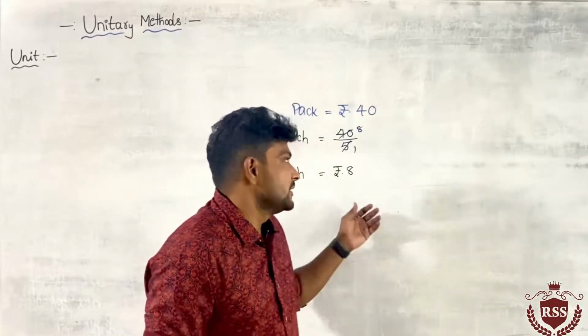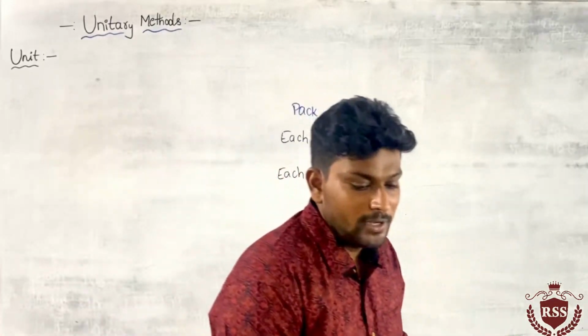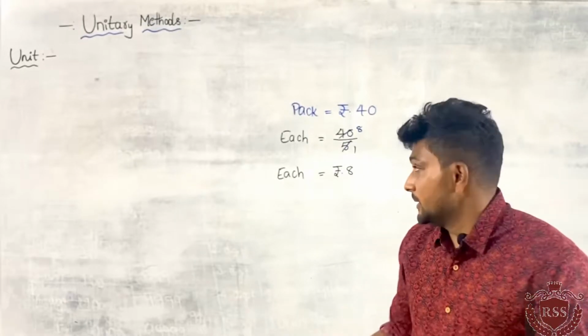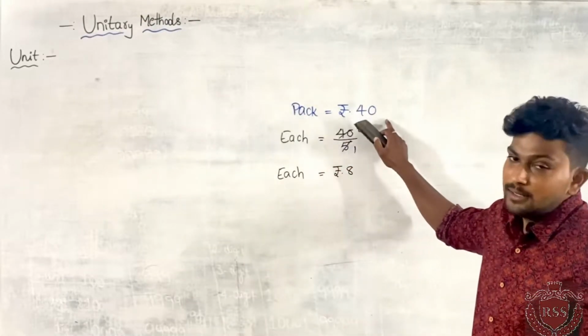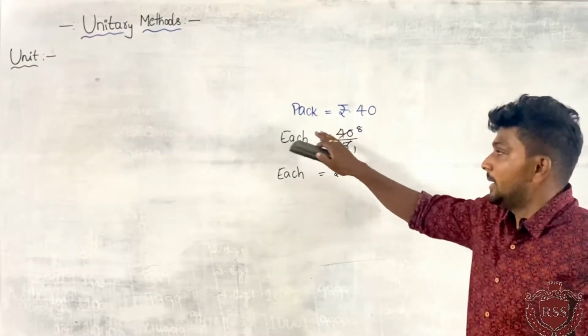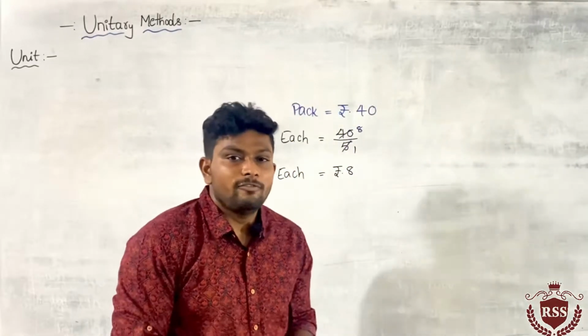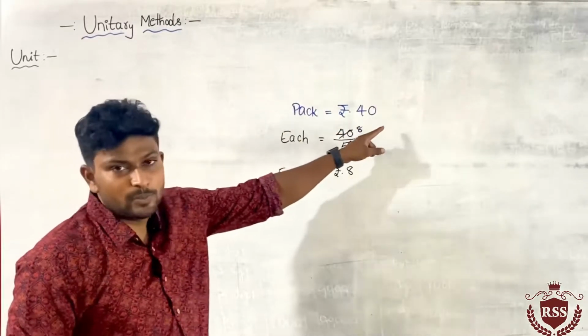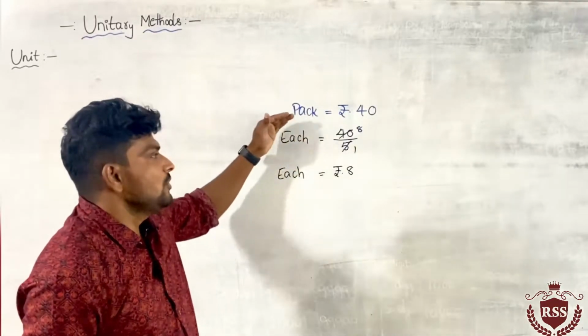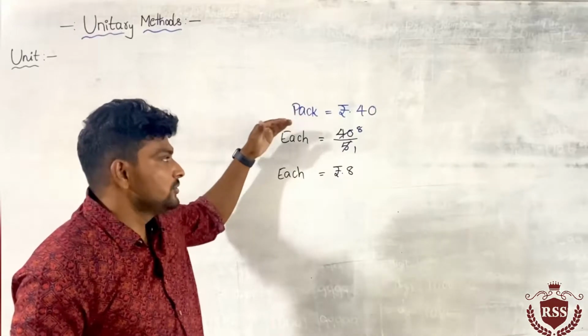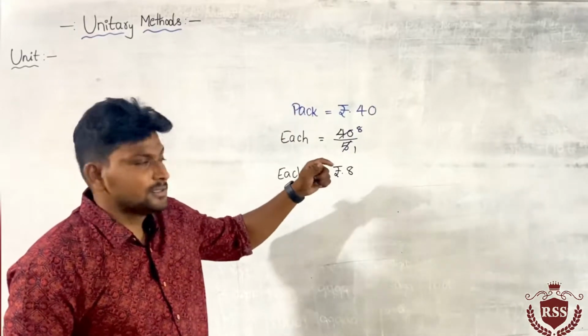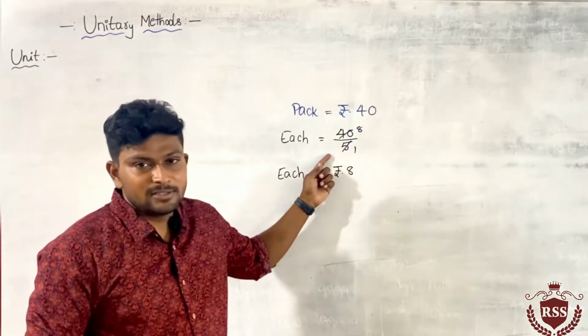Like this we will find. From the given group of quantity, this pack contains 5 chocolates, sold in packets. The pack of 5 chocolates is 40 rupees, the shopkeeper said. From that we conclude that each chocolate was selling for 40 by 5, that is 8 rupees.